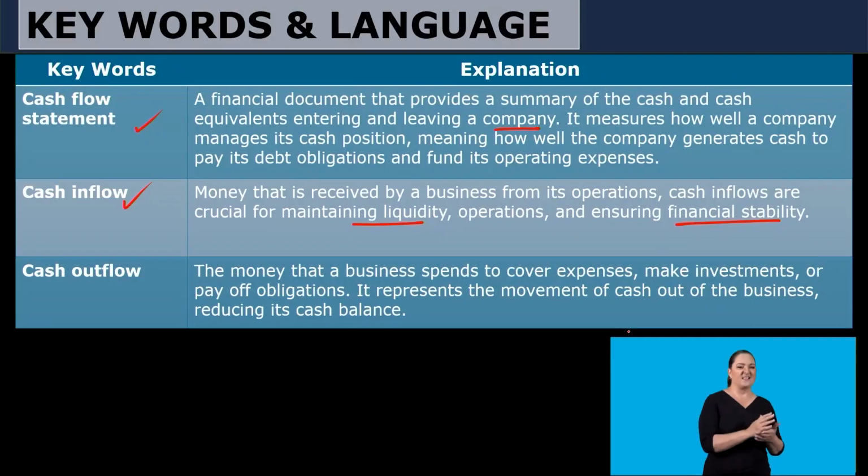And the cash flow statement then looks at these inflows and outflows. And what are outflows? It is the money that a business spends to cover expenses, make investments, or pay off its obligations. We're talking about debts in this case.